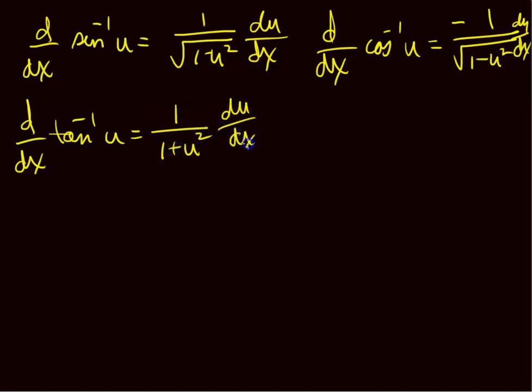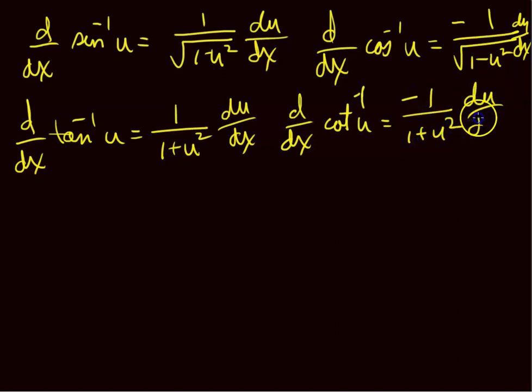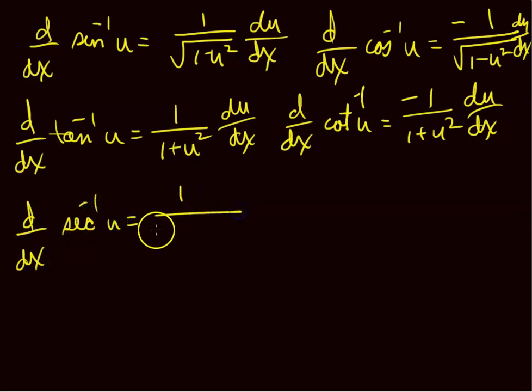And I guess I'm keeping this order. I don't know. It doesn't really make any difference. The derivative with respect to x of the cotangent inverse of u is a -1 over 1 plus u squared du dx. And the derivative with respect to x of the secant inverse of u is 1 over the absolute value of u times the square root.